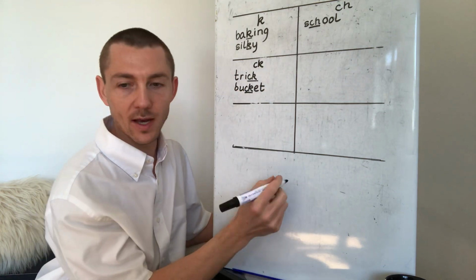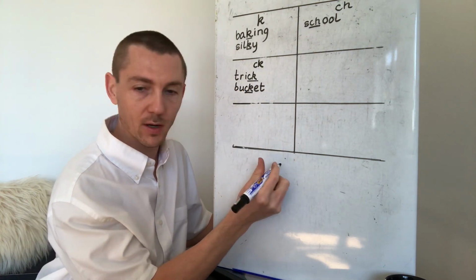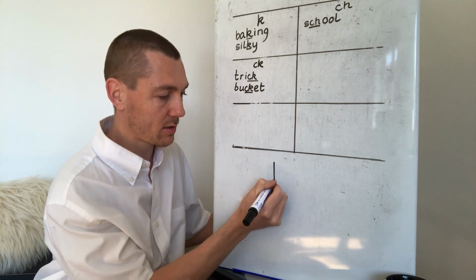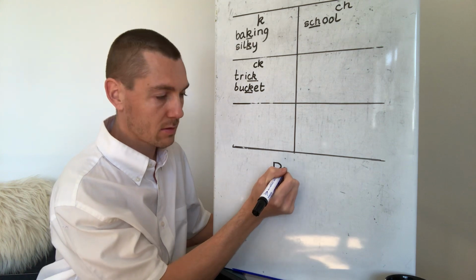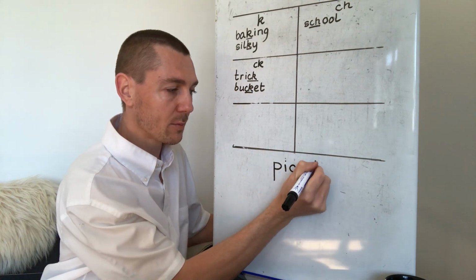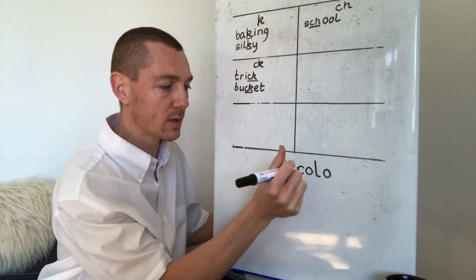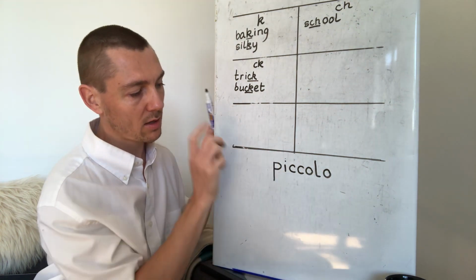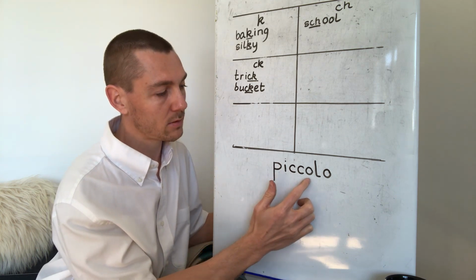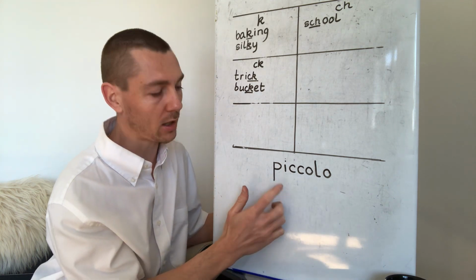What other ones have we missed? What ones can you remember? Let's have this word. Three-syllable word. It's a musical instrument. We learnt about it last week. And the word is 1, 2, 3. Piccolo.